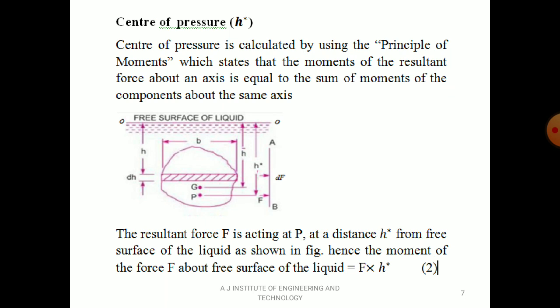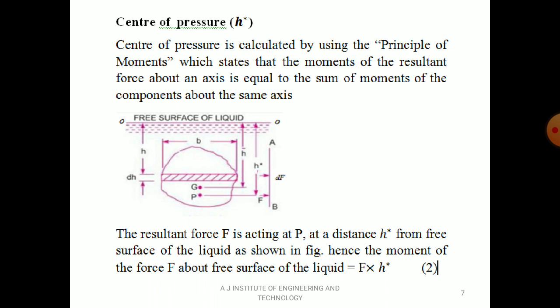The center of pressure is calculated by using the principle of moments, which states that the moment of the resultant force about an axis is equal to the sum of moments of the components about the same axis. So we are supposed to find the moment of the resultant force. The resultant force is F. Moment is force into distance. You can see the diagram, the side view.